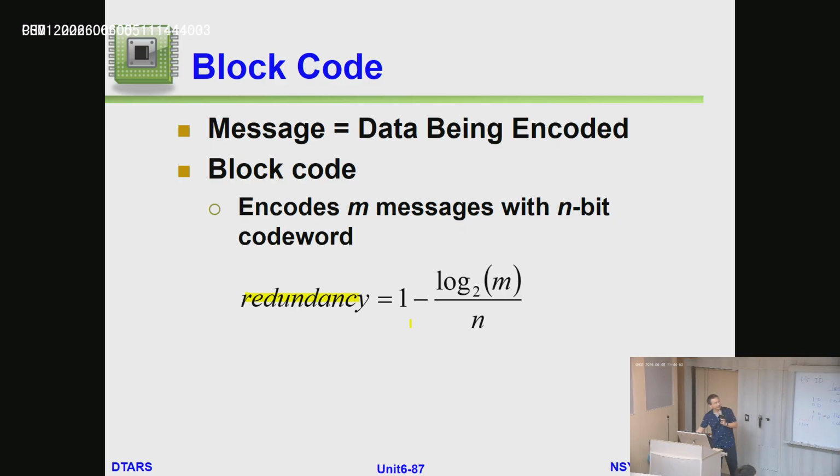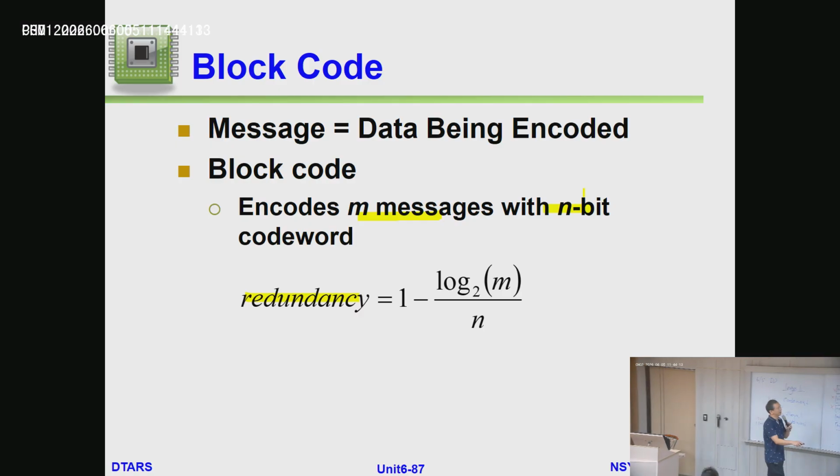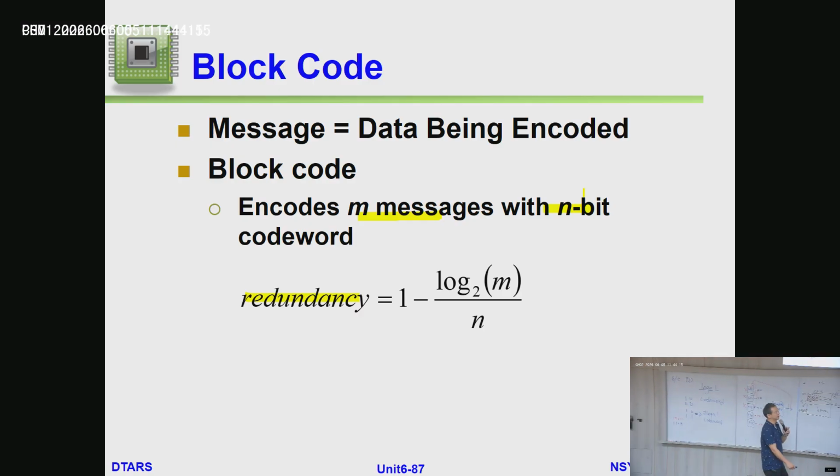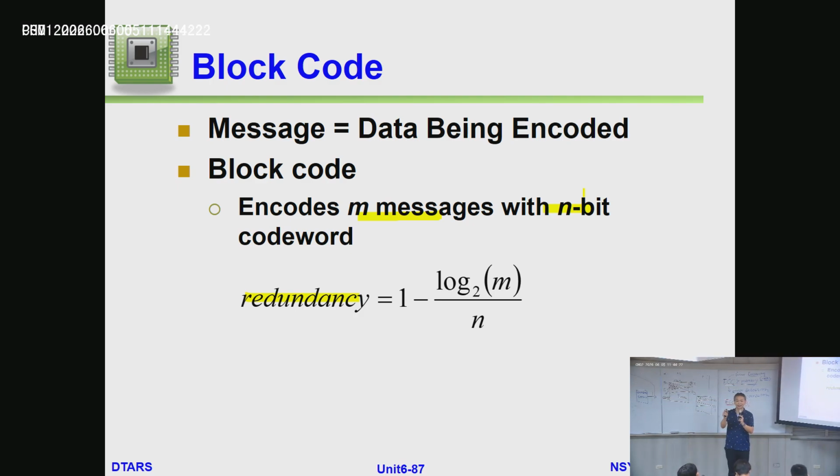So you can see that if you have m messages, and now you use an n-bit code word to represent them, for example, if we have 64 possible types of information, what is the minimum number of bits we can use to represent these 64 pieces of information?